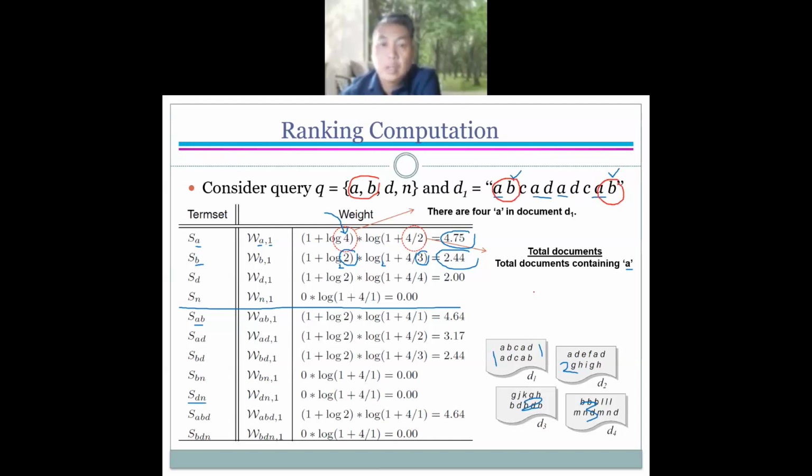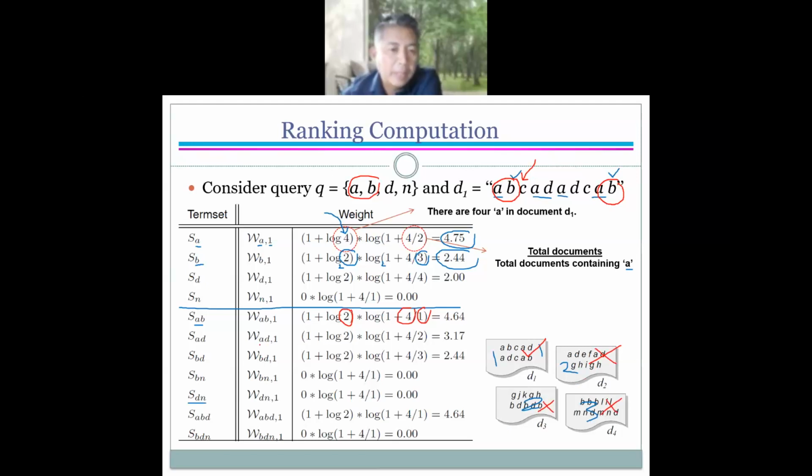So that's all, 2 times only. So we cannot reuse. Once we use B, we cannot use that one for another one. So that's why we get 2 only here. And then out of 4, we have only one document that contains AB, which is this. Okay, the rest do not contain A, B.